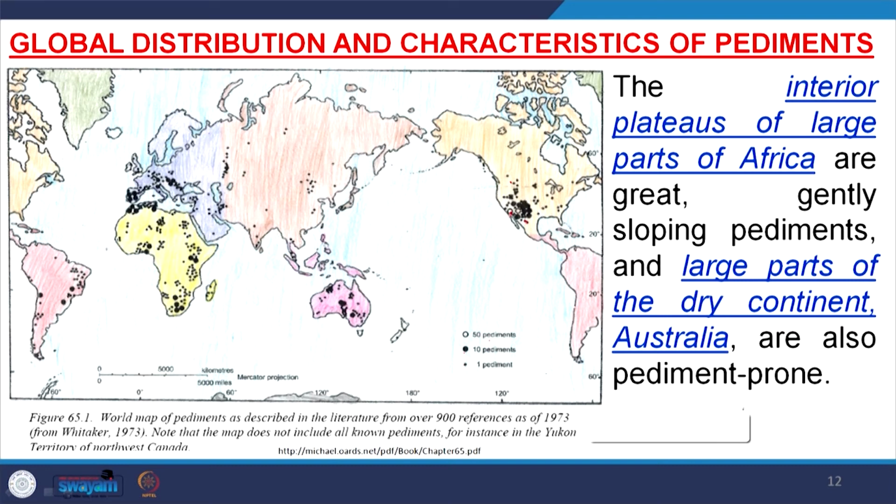So, in this distribution of pediments along the globe, most of the pediment surfaces, most of the erosional surfaces, are concentrated in the African plain. These are the distributions. So, the global distribution of pediment is shown in this figure, and it seems erosion is going on there.